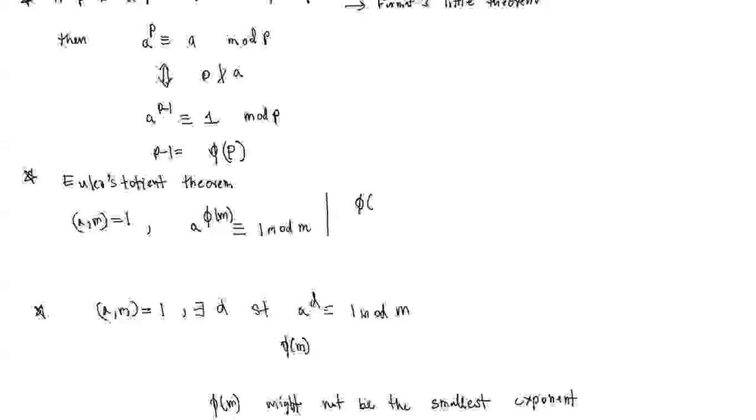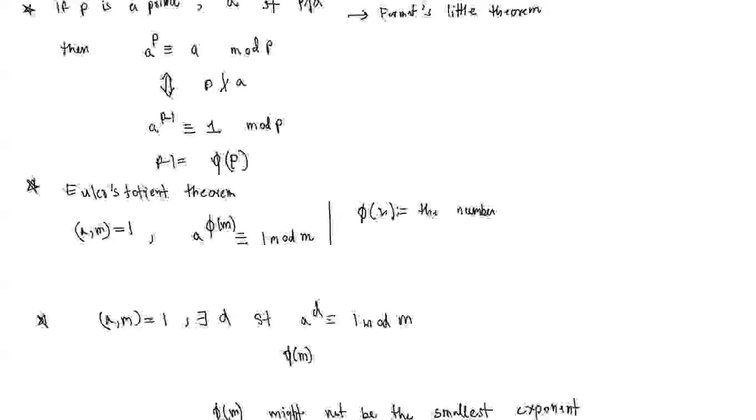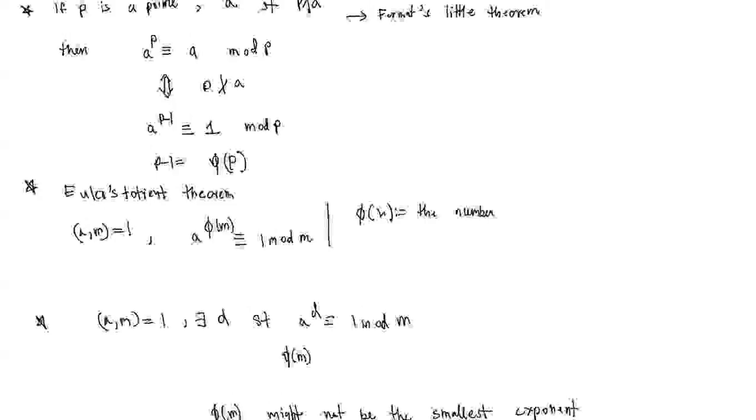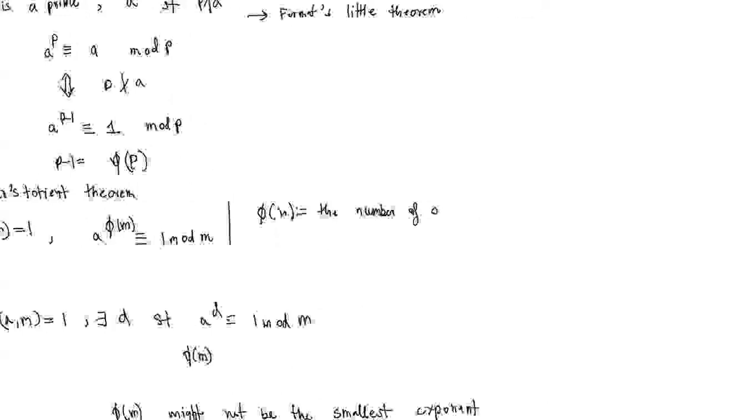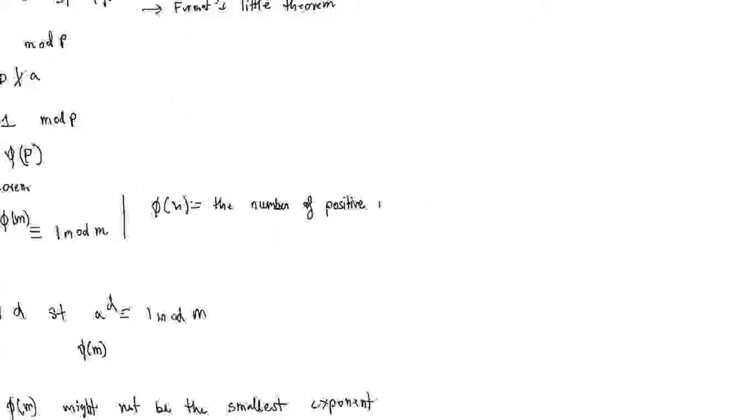So for any positive integer n, we define phi of n to be the number of positive integers m less than or equal to n, such that the GCD of m and n is 1.